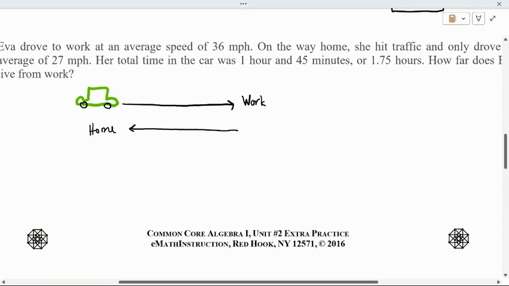How fast does she drive to work? 36 miles per hour. And that is her rate, or her speed. So that stands for the value R. I'm going to actually just write out the word rate. Okay. But what about on her drive home? How fast is she going on her drive home, Peter? She's going 27 miles per hour.